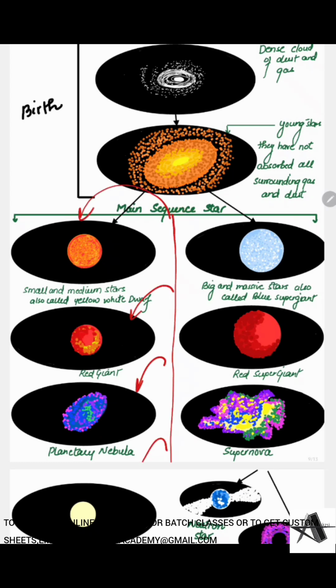Every life cycle it will follow. So those stars that are lesser than or equal to 8 times the mass of the sun, I'm talking about stars that are very small, or half the size of the sun, or twice or thrice the sun, or up to 8 times the mass of our sun, or even our sun, they all will undergo the life cycle that I have mentioned on the left hand side.